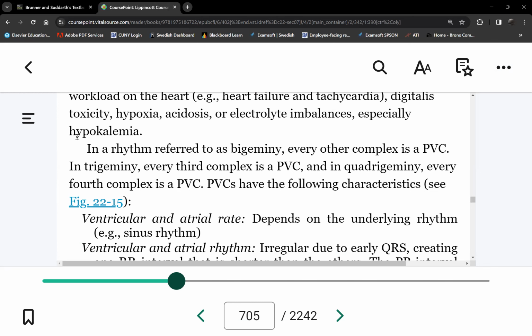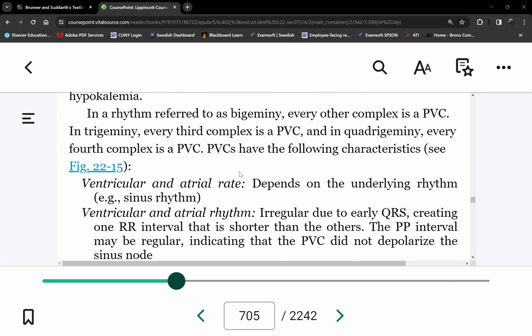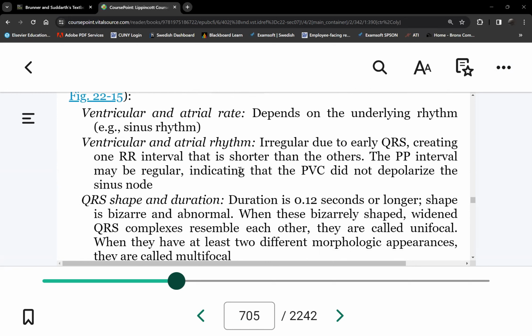Let's finish PVCs. As I already mentioned, PVCs depend. Is it occurring in a patient who is otherwise normal with no significant cardiac history? Then generally they're harmless. However, if it's occurring in a patient with either a significant cardiac history or, let's say, they're admitted for a cardiac problem, such as a likely heart attack, PVCs are serious.